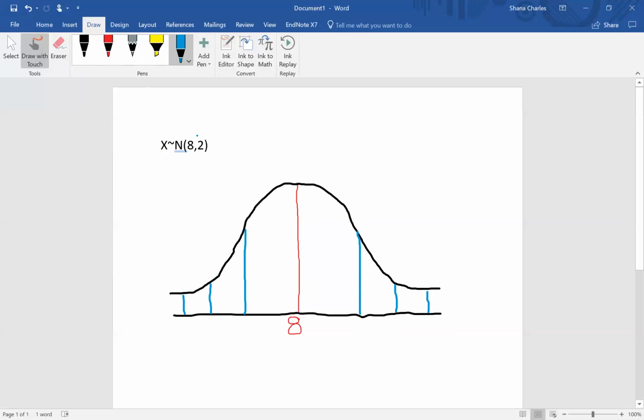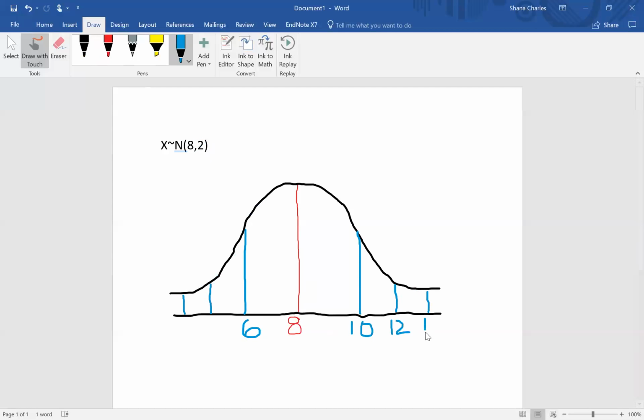And so using this number 2 here, which we know is the standard deviation, we know that 8 minus the standard deviation is 6. So there's 1 standard deviation in between here. And 8 plus the standard deviation here is 10. So we can identify where those lines are. And we can keep going with the other lines too, right? So we add a standard deviation here to get 12.